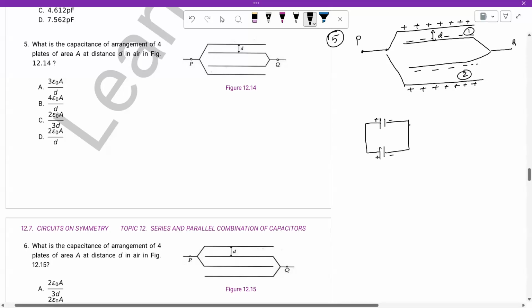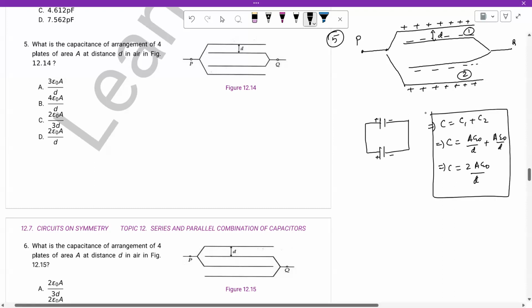So what kind of connection? This is a parallel combination, and all of them have the same area. So then C would be C1 plus C2 simply. So C would be A epsilon naught by D plus A epsilon naught by D. So C would be 2 A epsilon naught by D, right. Clear?